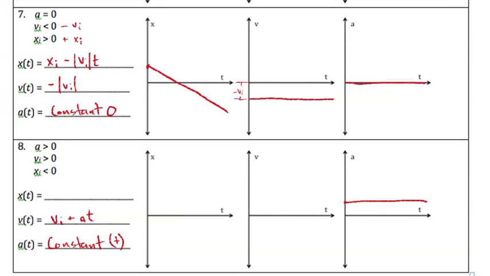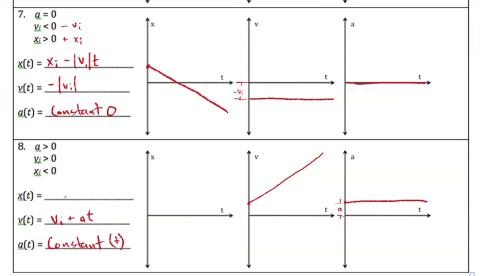And what is our initial velocity? Well, it's something positive, so we'll start here. Oops, try that again, right there. And it will be a positive slope. And what is that positive slope? That positive slope is this value of a, which we don't really know, but we'll call it 1 or 2. Doesn't really matter, it's just a positive slope.